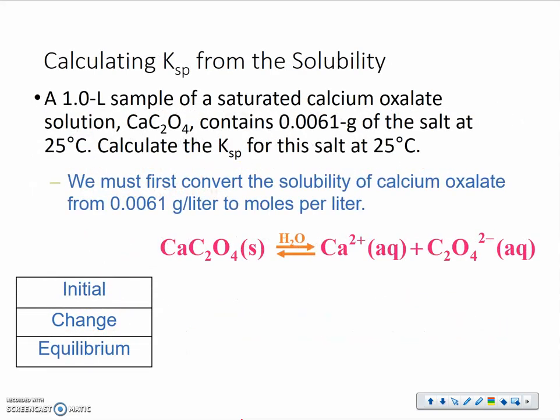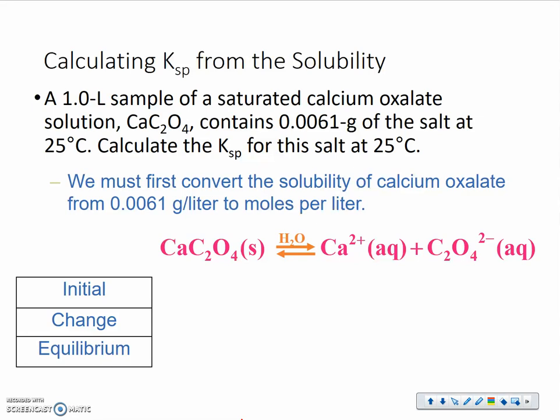So we have a 1 liter sample of a saturated calcium oxalate, so as much of it has dissolved as is going to dissolve. This solution contains 0.0061 grams of the salt. We want to calculate the Ksp. So what we want to do first is figure out the molarity, or the solubility in terms of molar solubility.